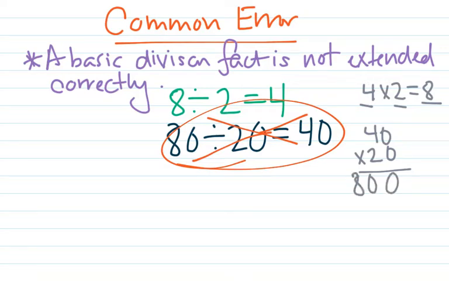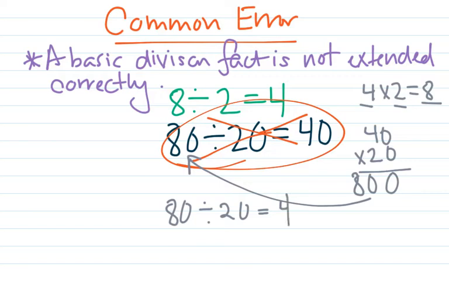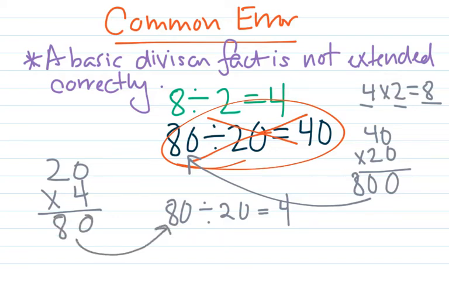And as we compare, our dividend is not 800. So this answer is not correct. So when the student was doing this, they have to keep in mind that 80 divided by 20 is actually going to be 4, boys and girls, because 20 times 4, our multiplication fact that would check, would give us 80, which is our product in that multiplication problem and our dividend in our original problem.